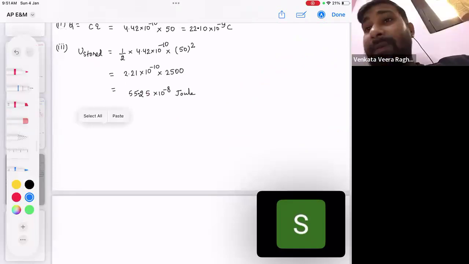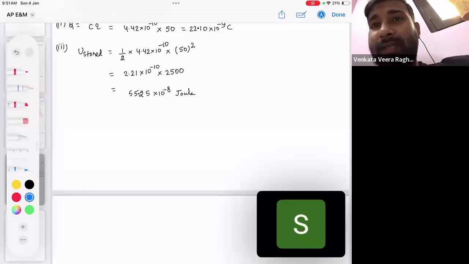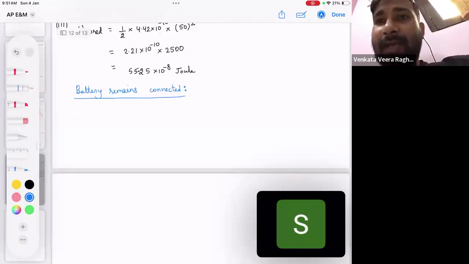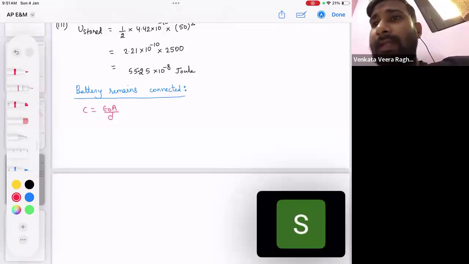Capacitance will increase, correct? Here you see, the battery remains connected. If the battery remains connected with the capacitor, please tell me what is the capacitance initially? Is it epsilon naught A by D?